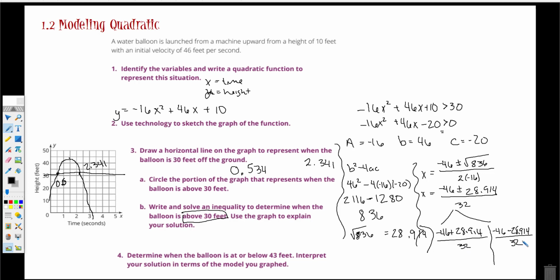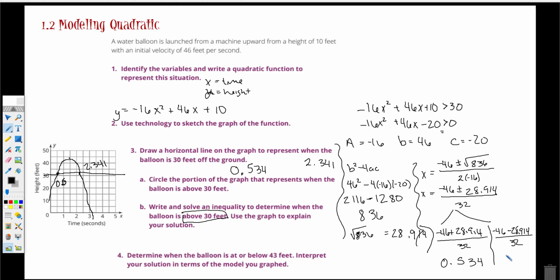And so when you find those two numbers, the negative 17.086 divided by 32 gives you that 0.534, which is pretty close to what we had here.